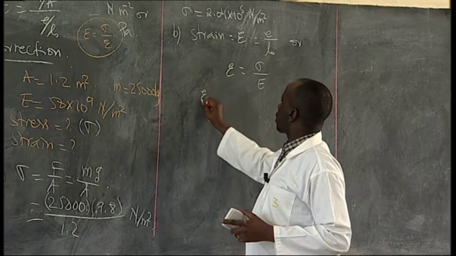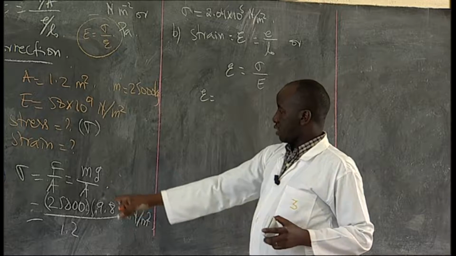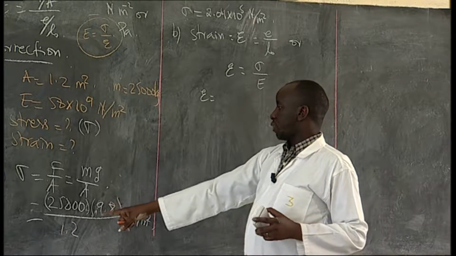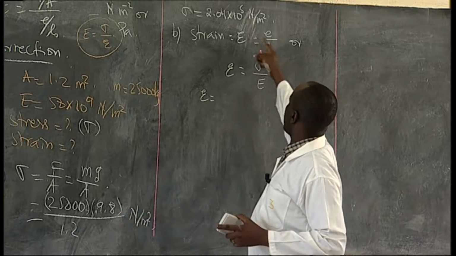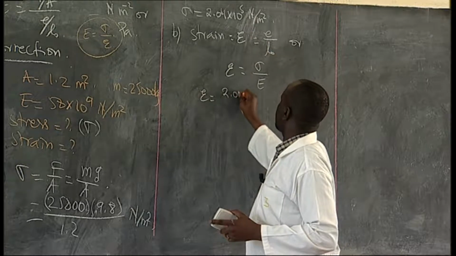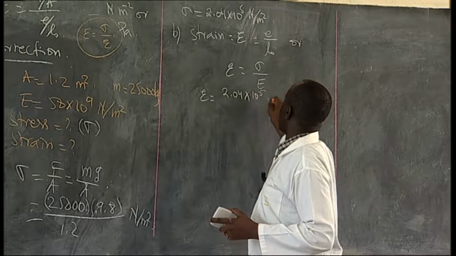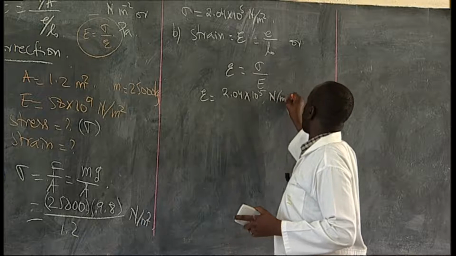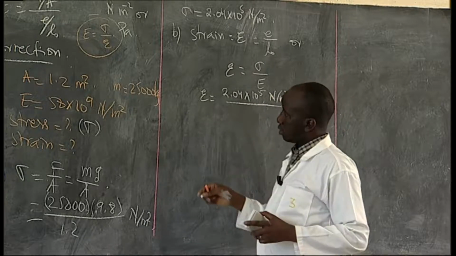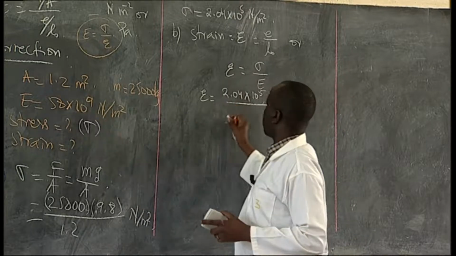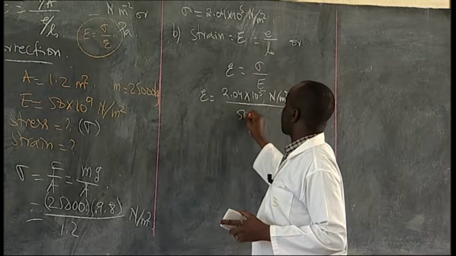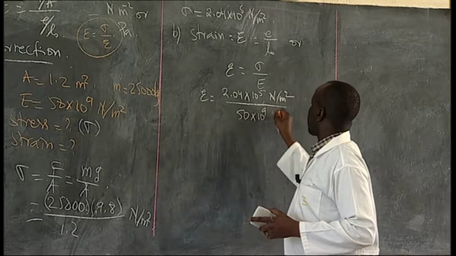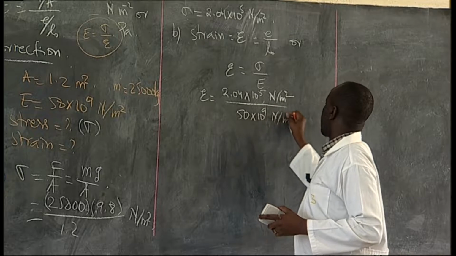So E equals, sigma is what we determined to be equal to 2.04 times 10 power 5 Newton per meter square, over, we divided by strain, elastic modulus, that is 50 times 10 power 9 Newton per meter square again.